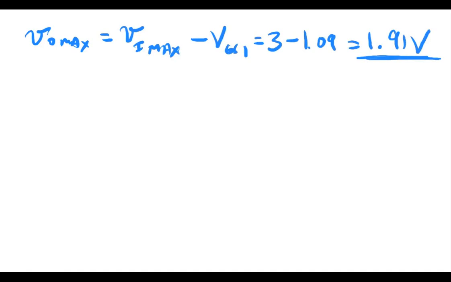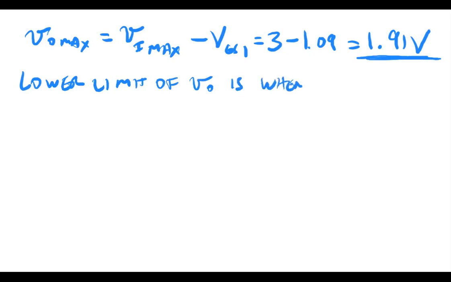And the lower limit of the output voltage is when Q1 cuts off, when it turns off.